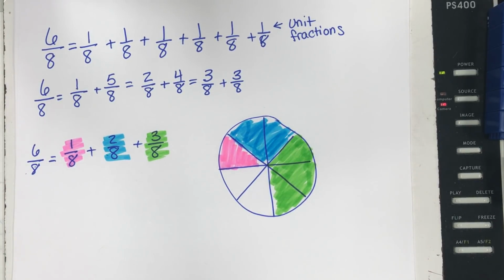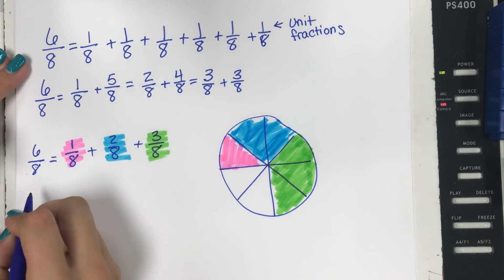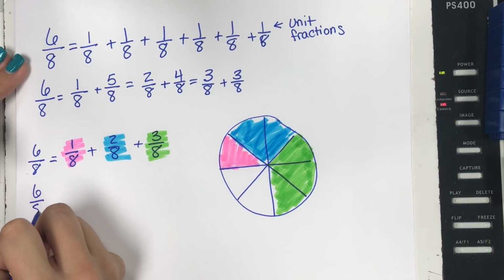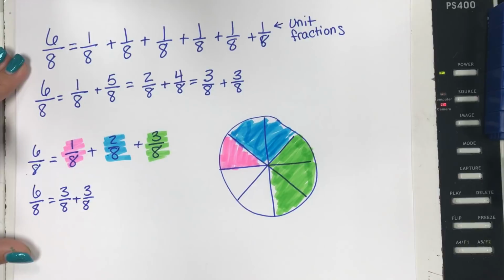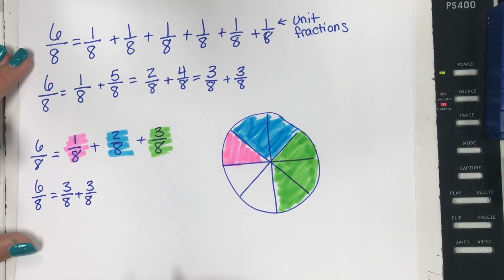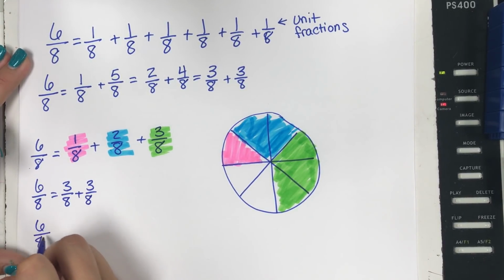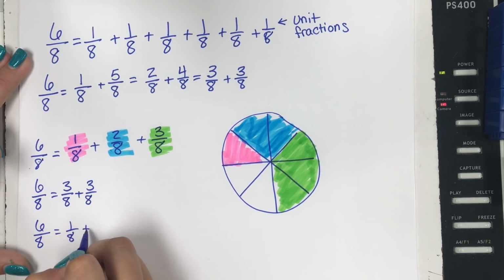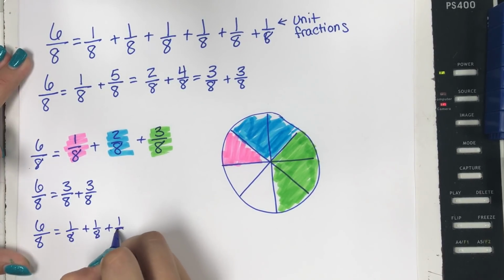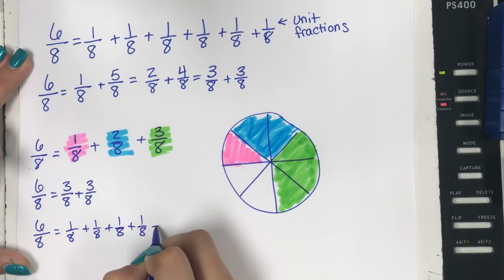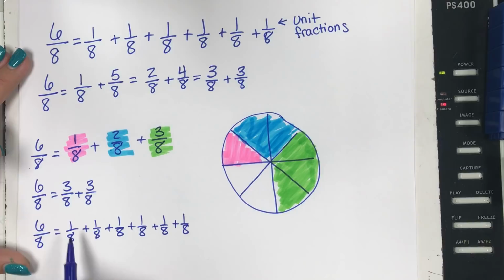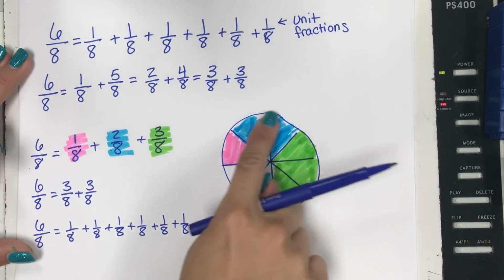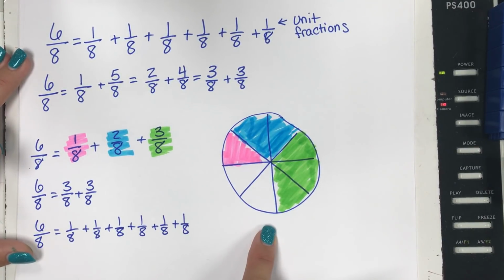They may give you an answer choice like 6/8 equals 3/8 plus 3/8. They may give you that as an option. They may give you 6/8 equals 1/8 plus 1/8 plus 1/8 plus 1/8 plus 1/8 plus 1/8, which these are true statements, but they don't represent this picture.